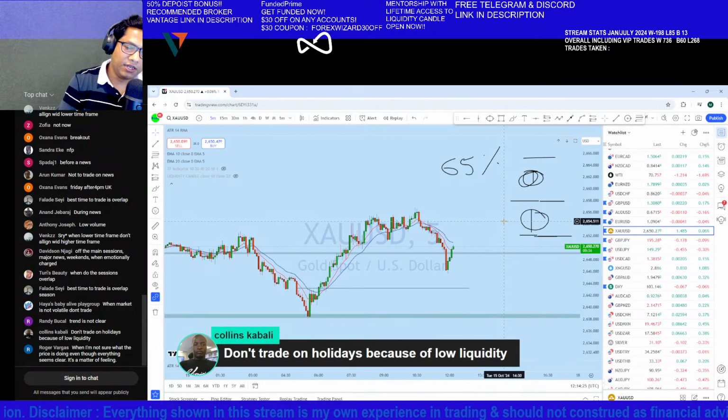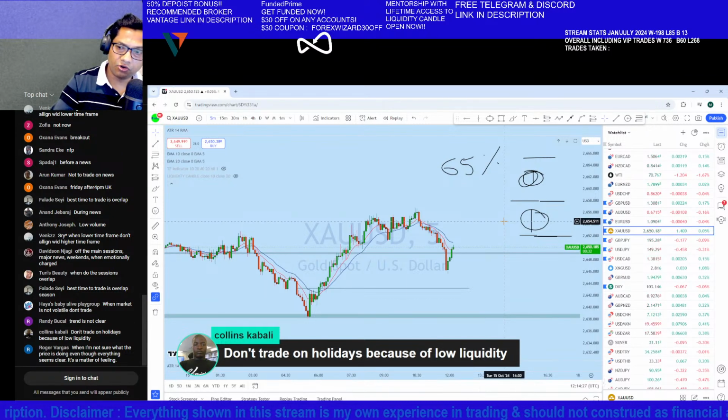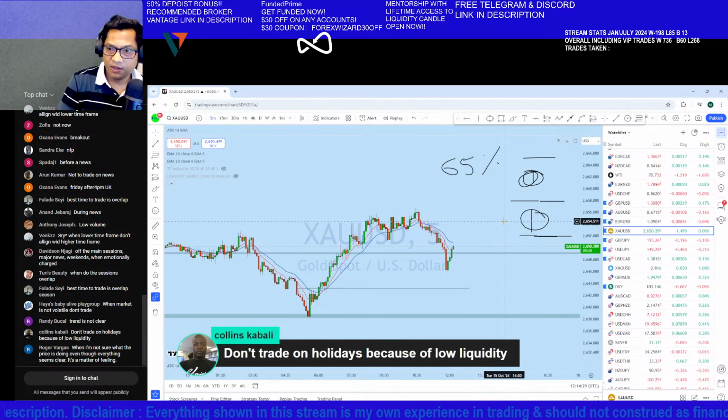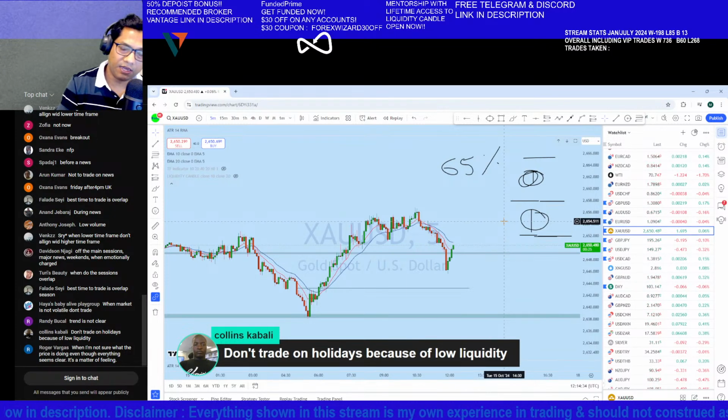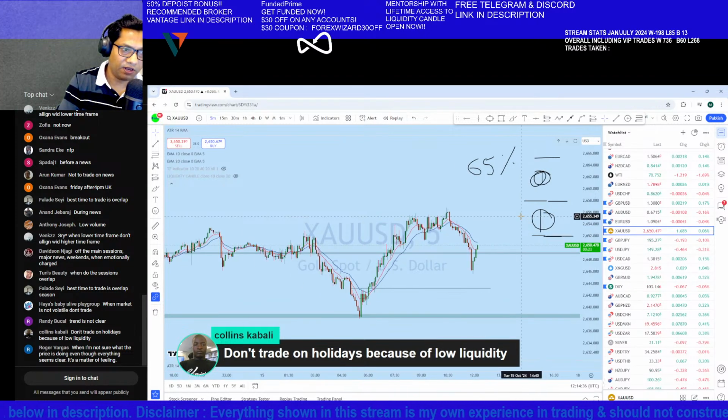Each trade can have a different probability, and based on that you can make your trading decision. That's a very important point.